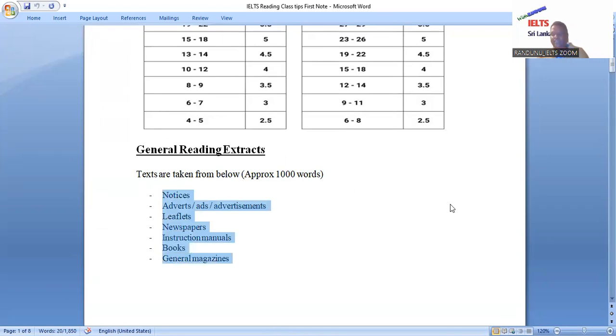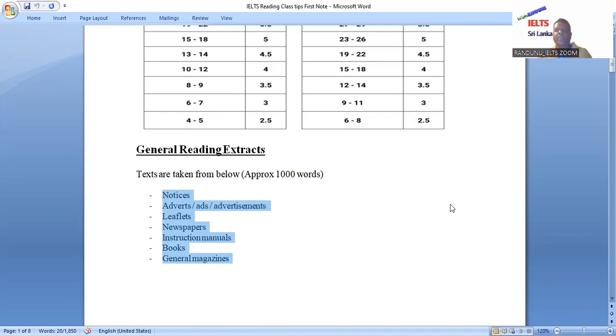Then I told you in general reading, these are the kinds of extracts they will use. What are they? Notices. Notice board, those kinds of notices. Advertisements, right? Now we saw advertisements. Leaflets, to share information. Extracts from newspapers. Instruction manuals. You bought one cabinet, it is dismantled, you have to fix it.